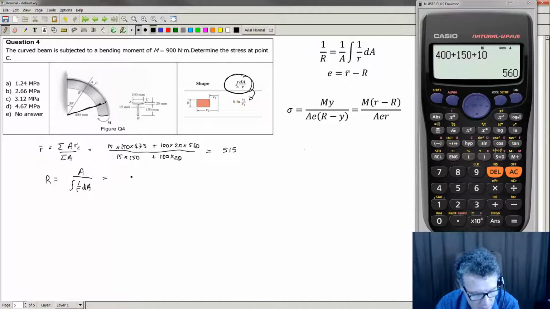So we've got A. Notice we've got these two sections here, so we're going to have two integrals to do.